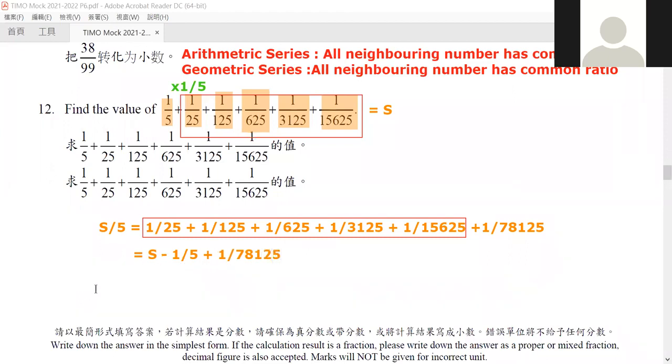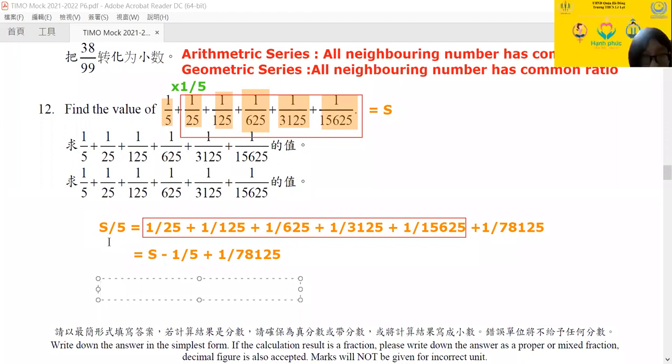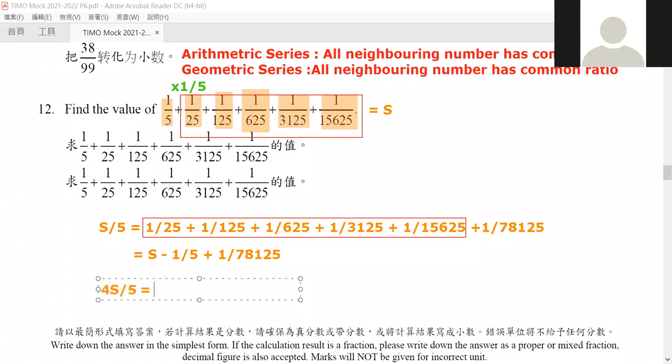By rearranging it, we can subtract s from both sides. What we get is 4s/5 equals 1/5 minus 1/78125. This would be hard to calculate, but you can try to find it out.